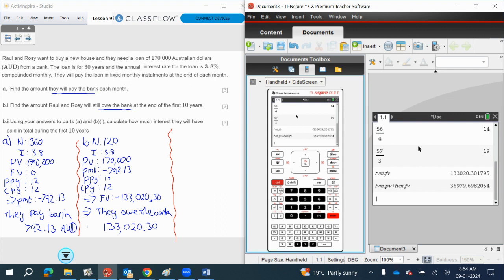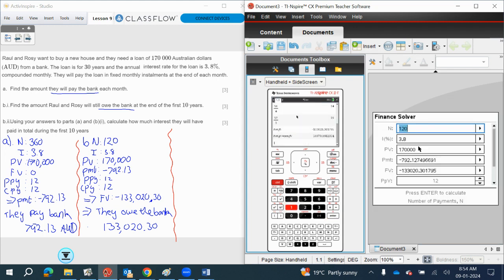Don't guess, think. So the present value is what they've loaned. The future value at 10 years is the value that they still owe.